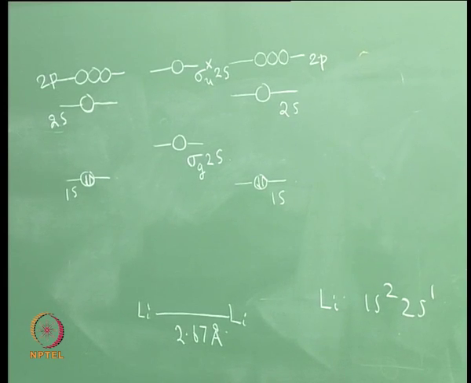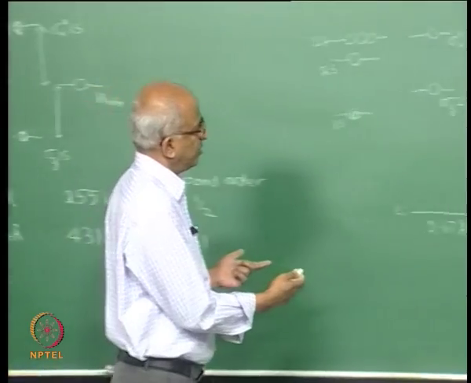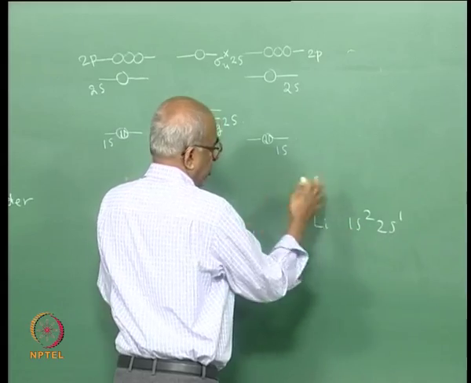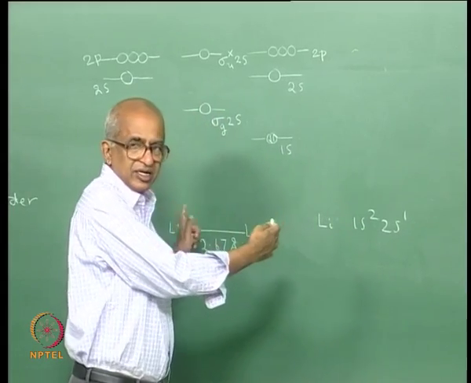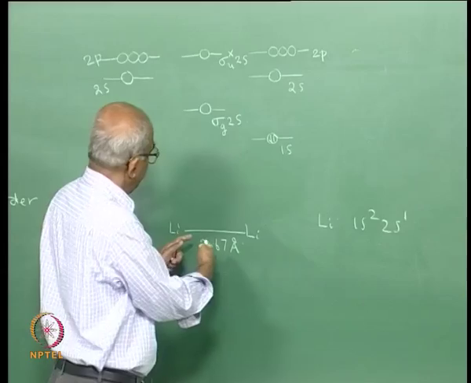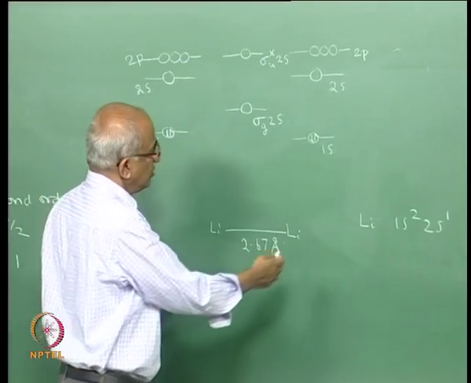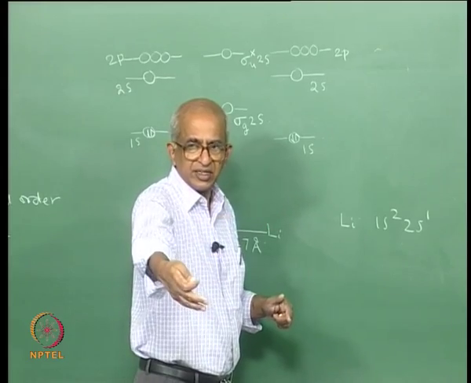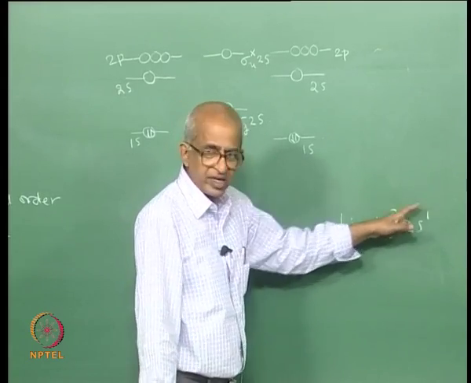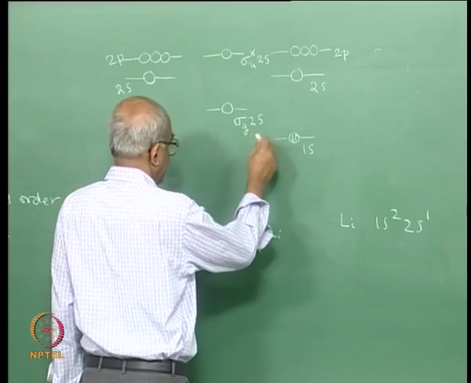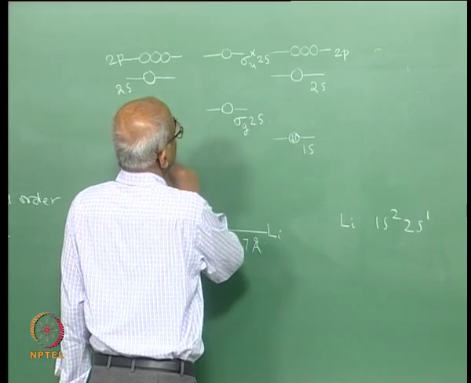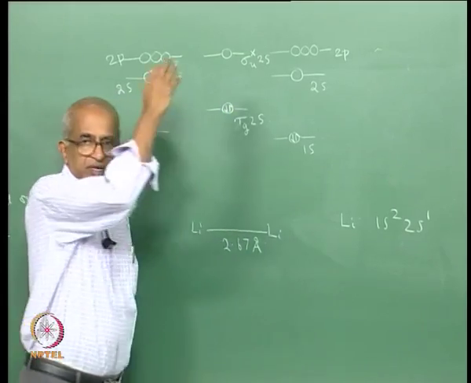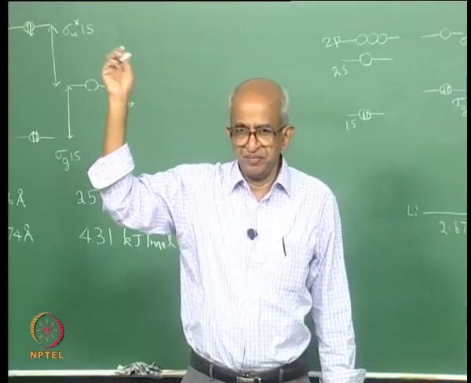But then you may say immediately that in total there are 6 electrons in the molecule. 2 of them are sitting in one of the 1s and the other 2 are sitting in the other 1s. So, there are 2 electrons left, and they will go and sit in this bonding molecular orbital, leaving all the other orbitals empty.